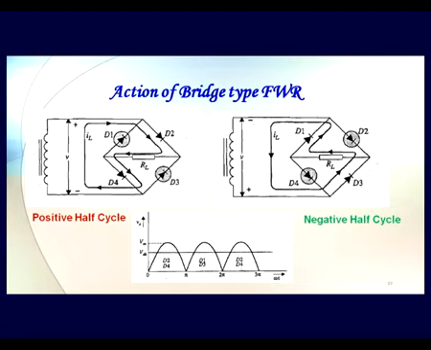So same way as we had for our earlier center tap transformer, we do have here also both the half cycles treated to be positive vis-a-vis the load, and that's why once we are getting conduction through D2, D4, another time we are getting conduction through D1, D3, but the resultant is the same.